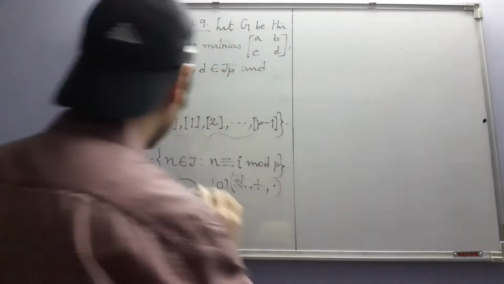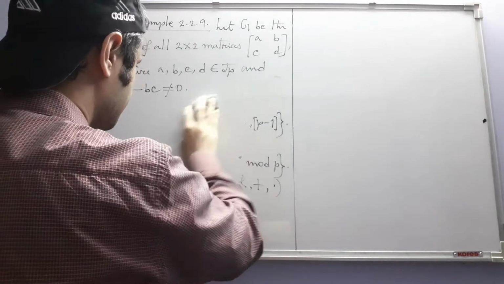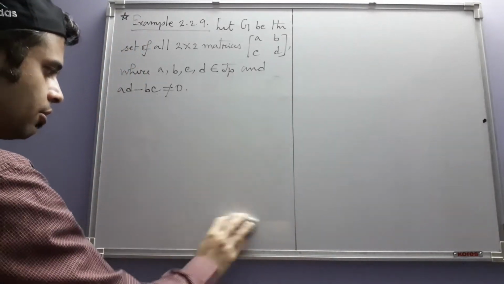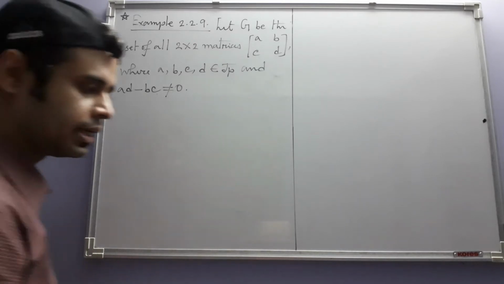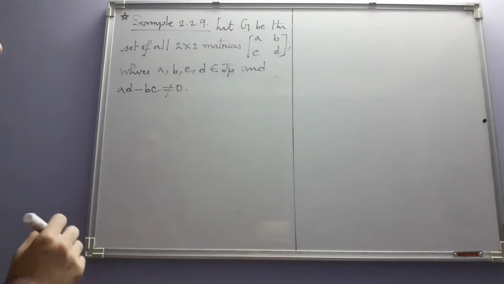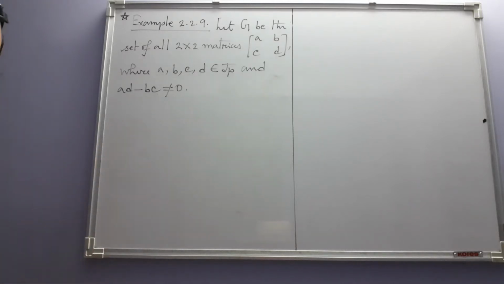Fine. So now that is just the set. On this set we are going to again define an operation, which is matrix multiplication, whose structure will be just like how we multiply two real 2 by 2 matrices.